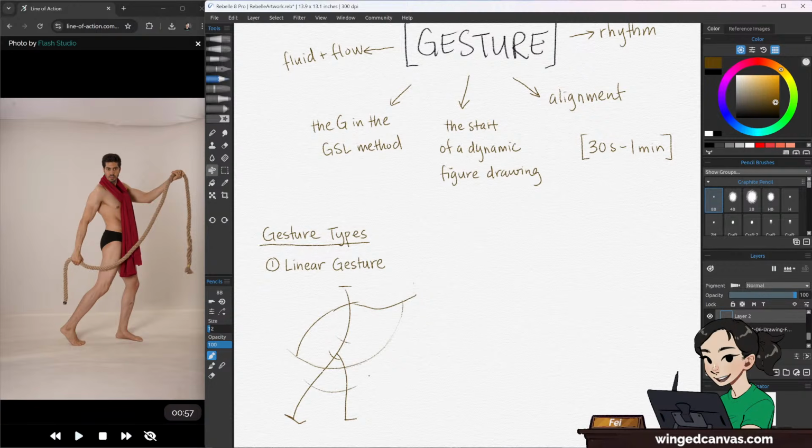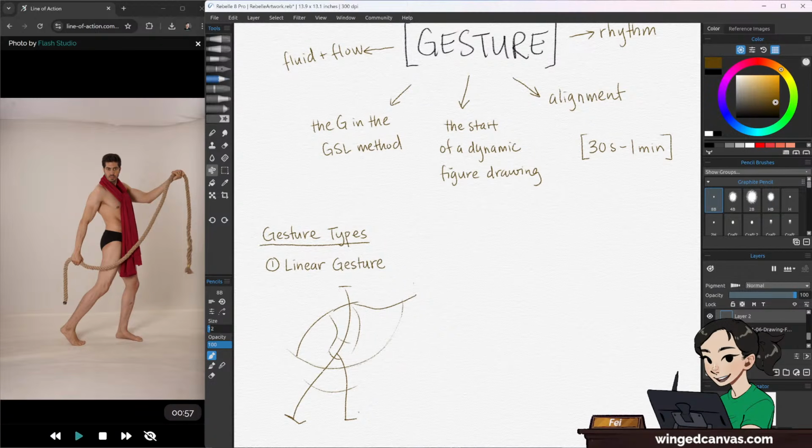So this is typically what a linear gesture is like, and sometimes people might draw in the rhythm, like this type of rhythm, but that goes into shape, which is the next part in the GSL method. So linear gesture is probably what most people default to when it comes to drawing gestures.